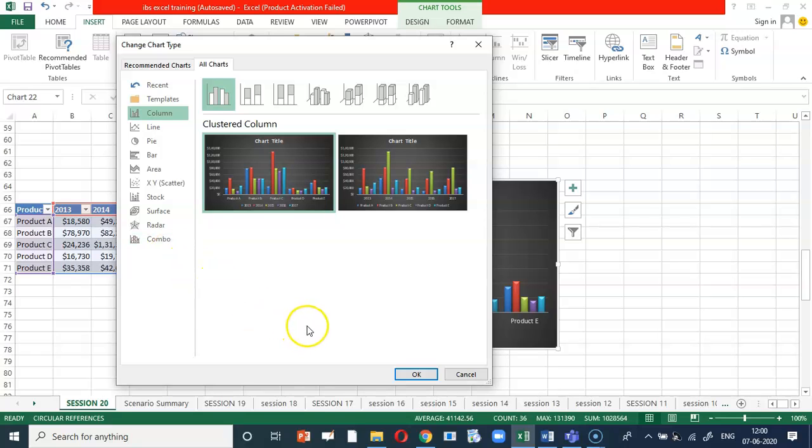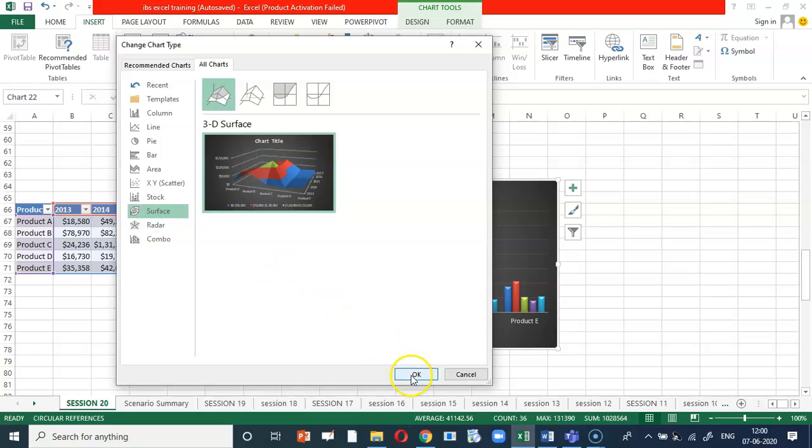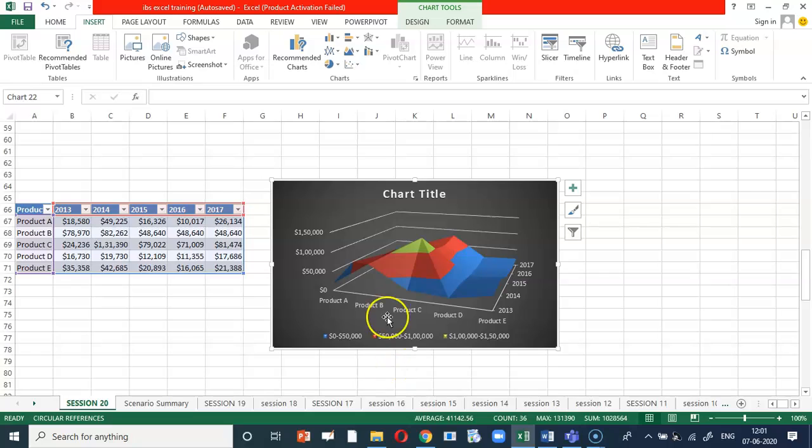So just because I have a data set, I cannot apply any chart. Say for example, for the given data set I have applied surface area. You can see that one can hardly interpret the details. So we must very clearly identify what kind of chart can be used for the values. We shall explore this now.